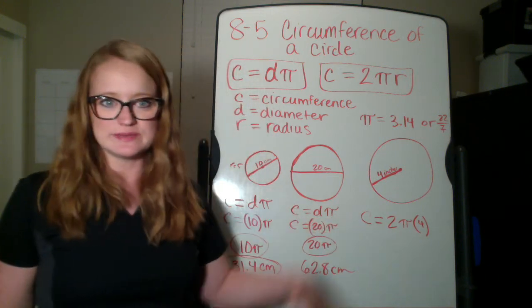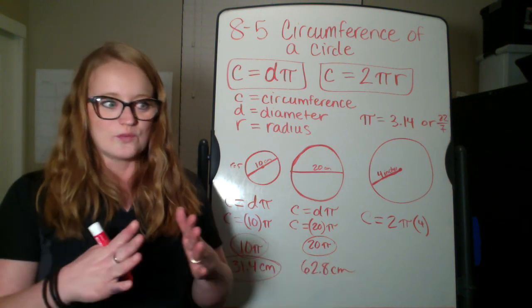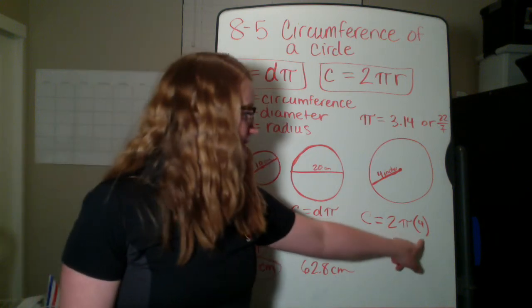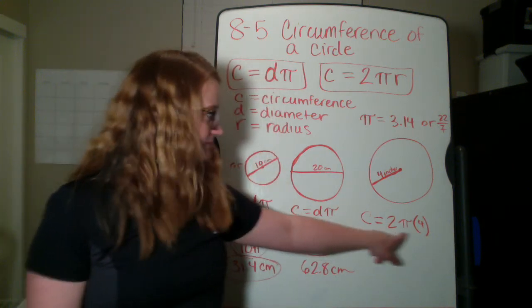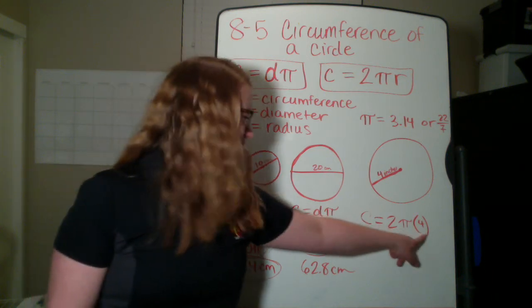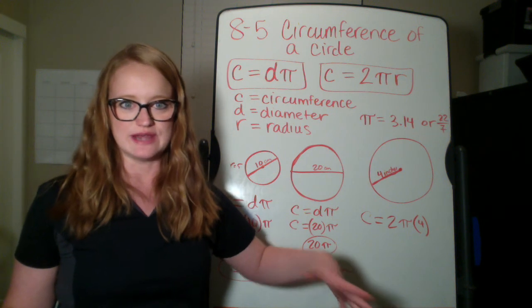Now, because multiplication is the way it is, we can multiply those in any order, meaning you can go 2 times pi times 4, or you can go 2 times 4 times pi, or you can go pi times 4 times 2, right? It doesn't matter what order you do multiplication in, you can do it any way.